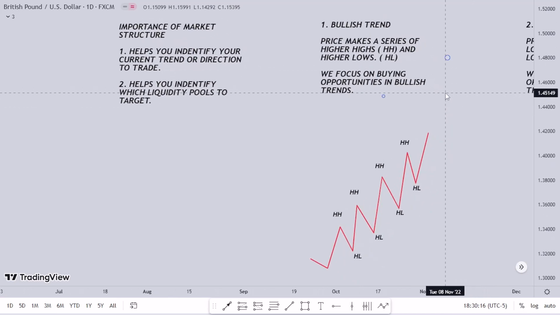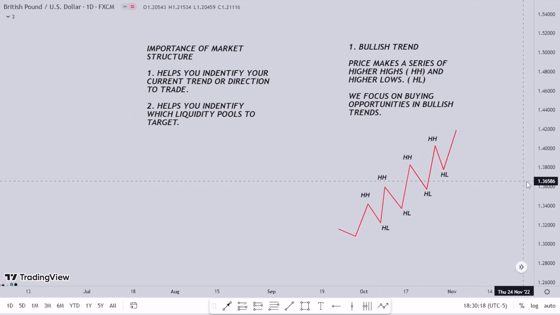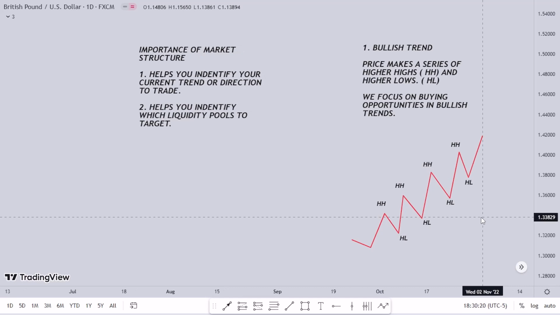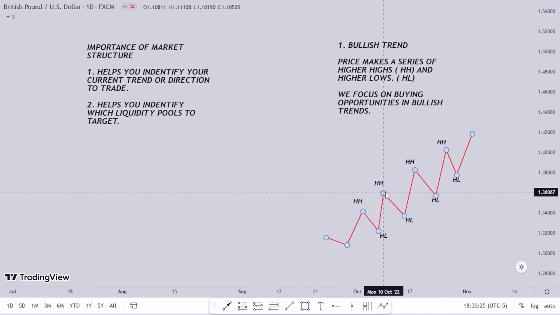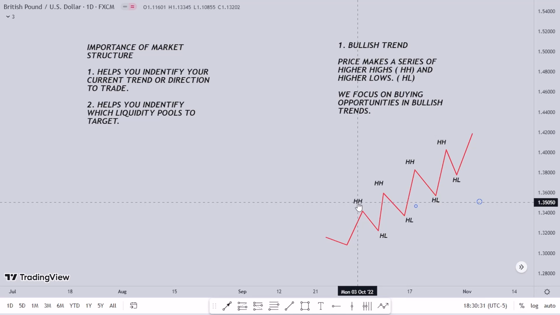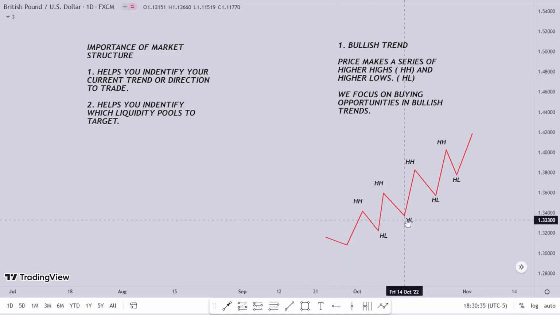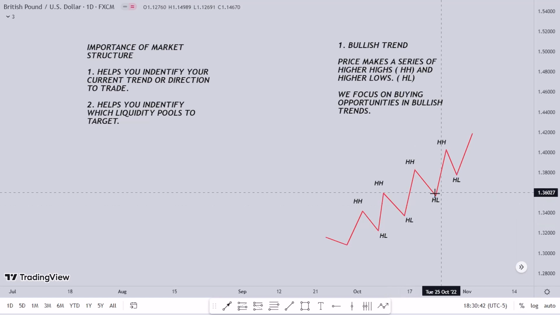In a bullish trend, price continuously goes up, and as it goes up like this, it makes a higher high. This is a higher high because it is higher than this high. And it makes what? Higher lows. You see, this is a low that is higher than this low.